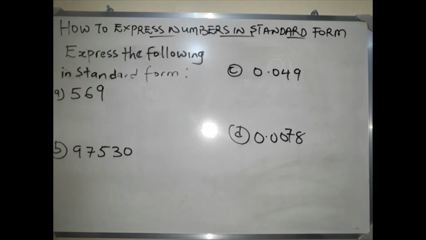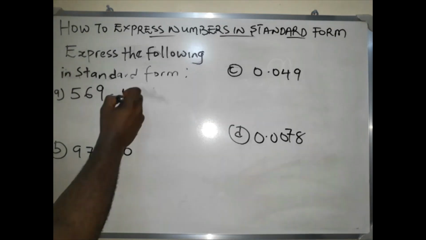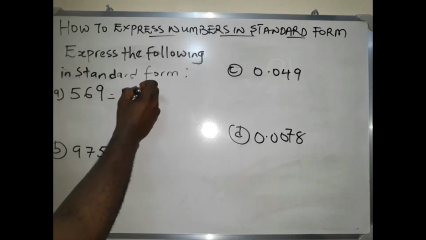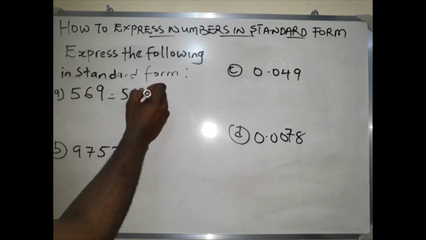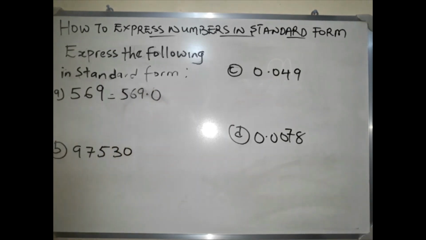Now, what I want to point out is that in expressing numbers in standard form, we need to take note of the decimal points. You may ask yourself, in whole numbers, where are the decimal points? I can tell you that for whole numbers, the decimal points are located at the end of the number. So for 569, the decimal point is located at the end of the number.